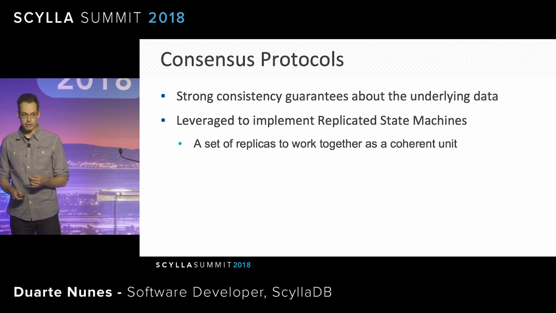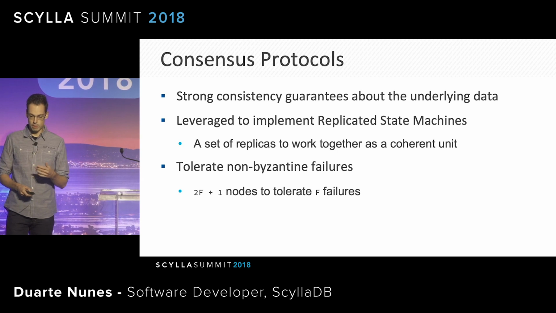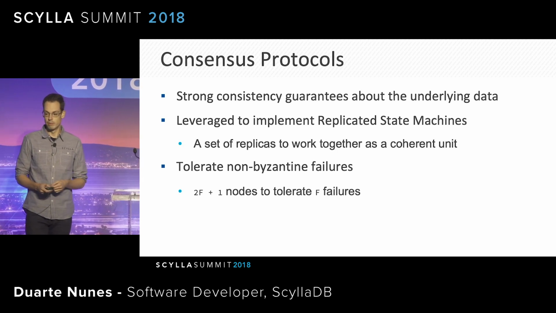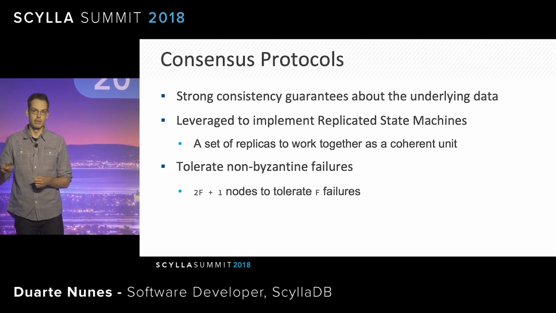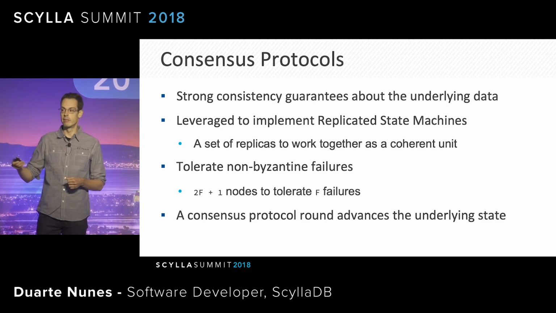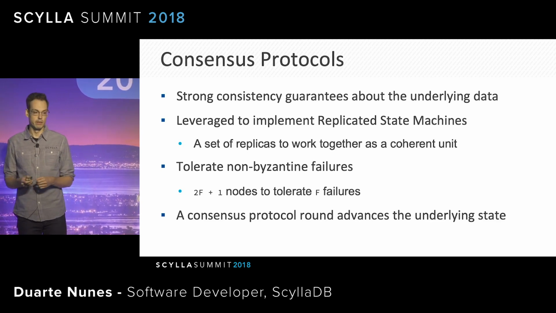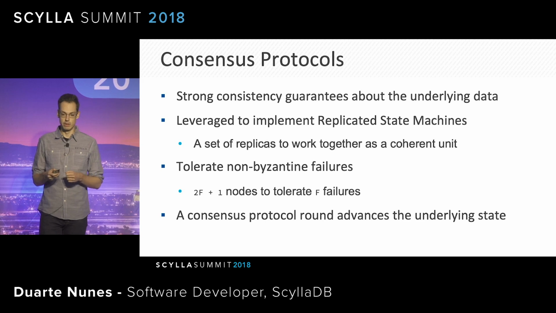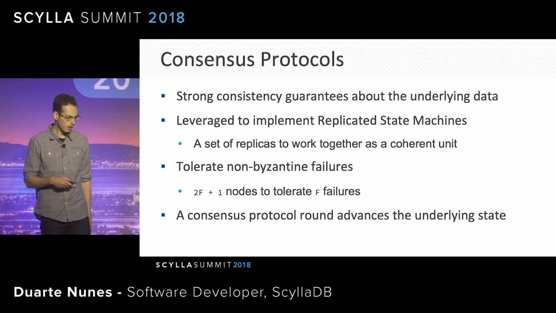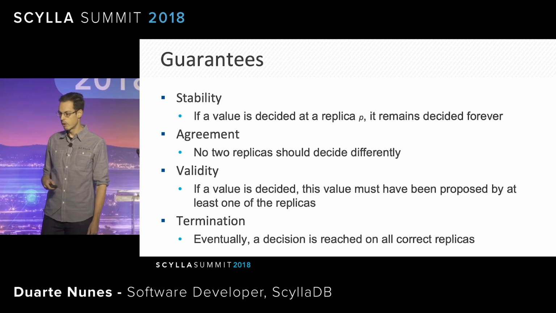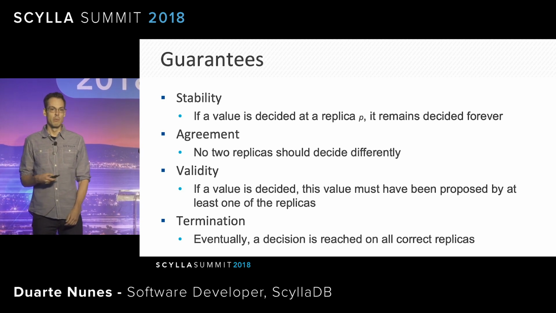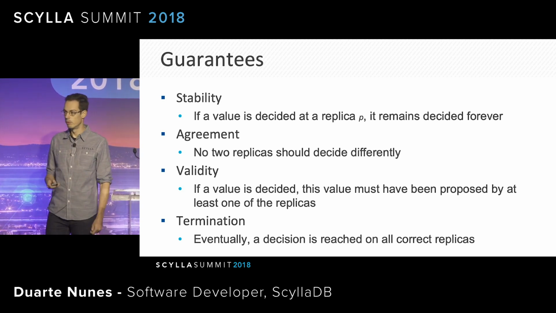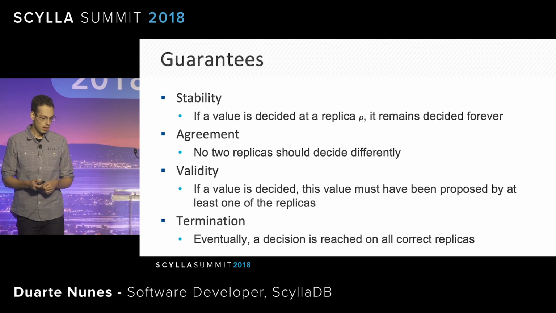They are fault tolerant, and a round of the consensus protocol involves a replica proposing a new value for the underlying system state, and the rest of the replicas either deciding on that value or rejecting it. They provide a set of guarantees. A correct protocol will be stable: if a replica decides on a value, it will be set in stone, it cannot be changed.